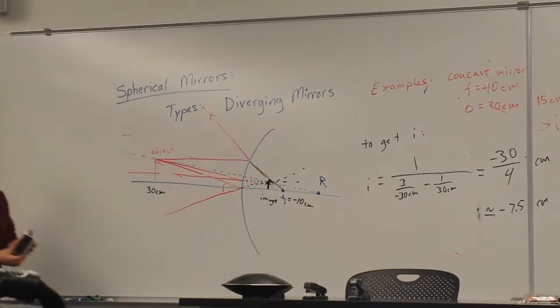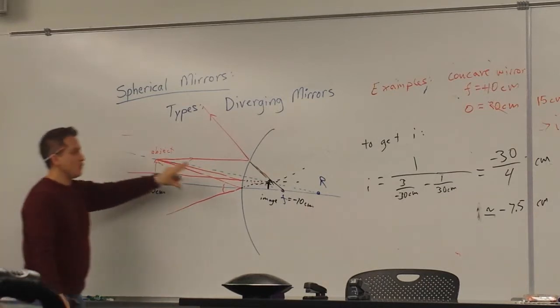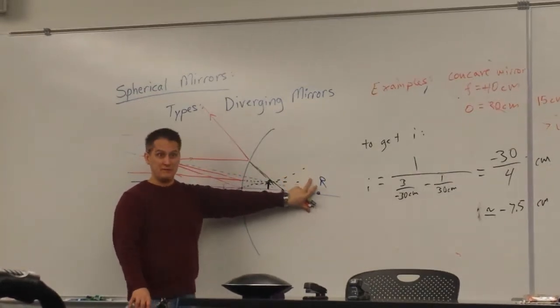So, any questions on how these work? Keep in mind 2 things. First of all, you can physically have a negative object distance. All you have to do is have something that moves on. Say that again? You can have a negative object distance. Right? You can take a lens or a mirror or something and project what would be an image back here.